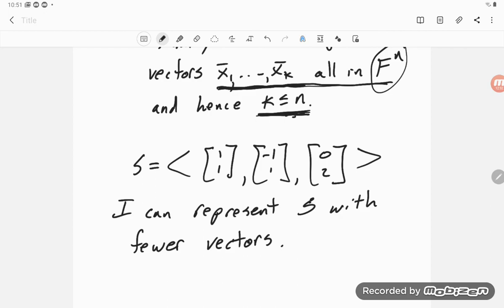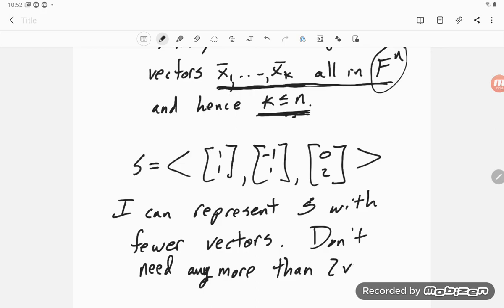Now, I don't know if I can represent it with just one. Well, actually I do, but I know I can't. But I do know I could represent it with maybe a 1 or a 2, but definitely no more than 2 vectors. I don't need any more than 2 vectors.